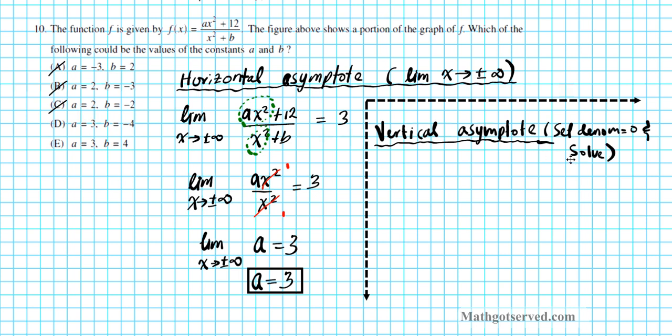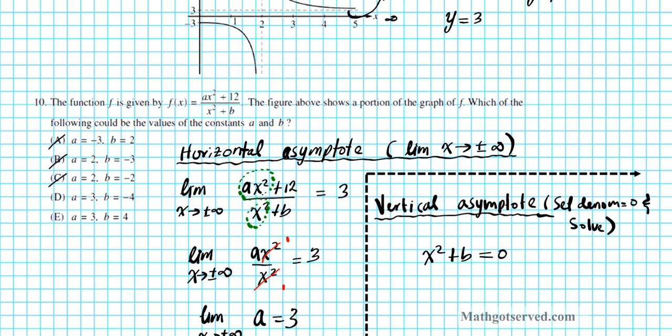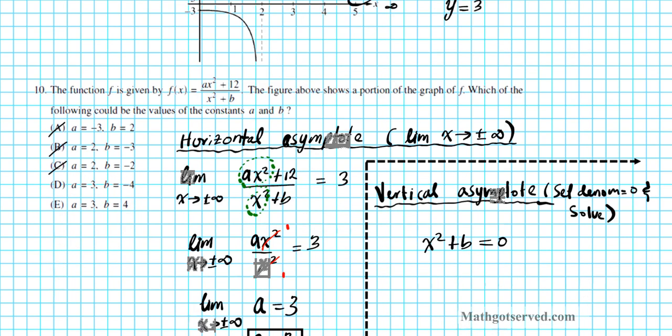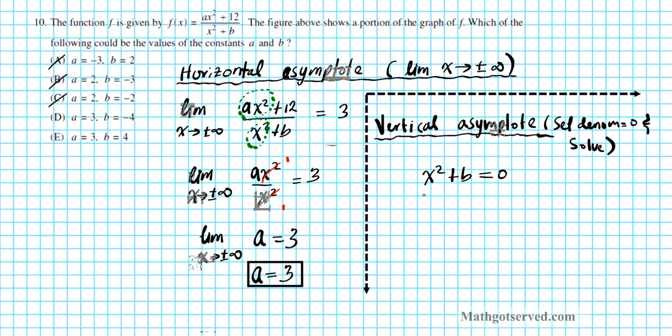Now let's apply that here. We're going to set the denominator, x squared plus b, equal to 0, and then solve this equation for x. But wait, we already know what the vertical asymptote is, right? The vertical asymptote is x equals 2. So if I plug in 2 here and solve for b, that will be my final answer for b.